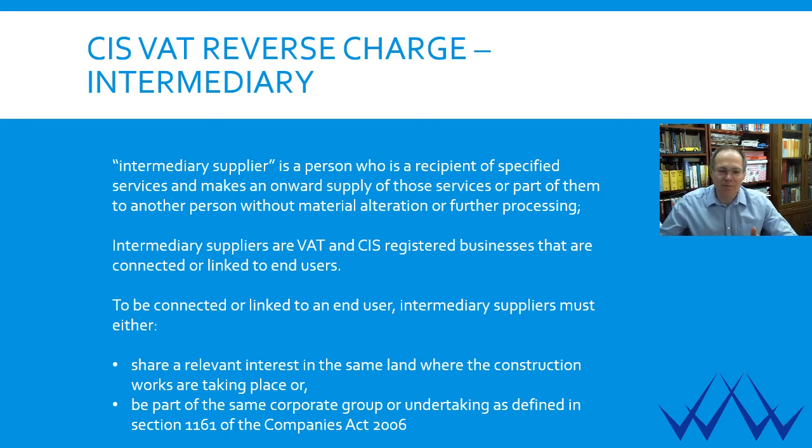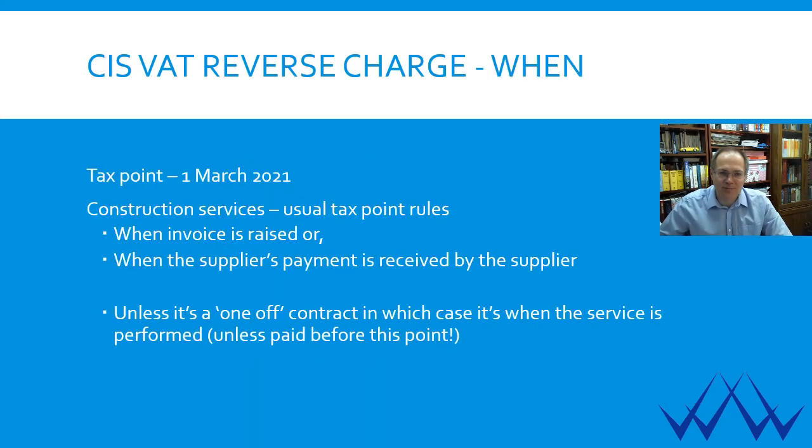Now, if those two companies are linked, if they're the same company group, for example, or they might be landlord and tenant, then they are linked. And therefore the intermediary supplier can say, I'm supplying the end user, and therefore any services that I receive are subject to the VAT in the normal way rather than the VAT reverse charge.